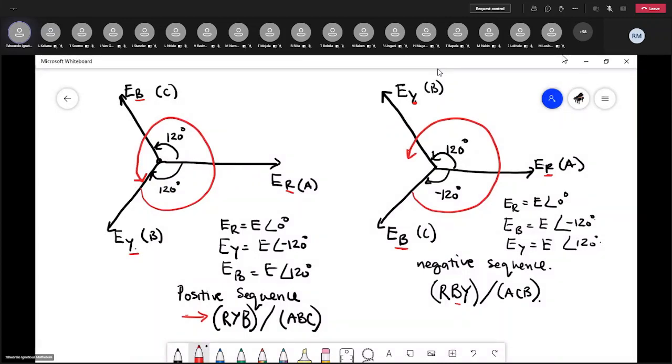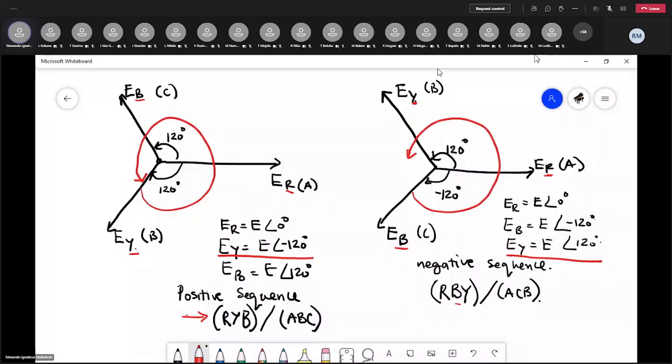Now, this is very important. Why? Because if I say positive sequence, the angle of EY is completely different from when I say negative sequence. So if you miss giving me the correct angles of these voltages at the beginning, you might as well stop the problem there, because there is no way you're going to get it right.